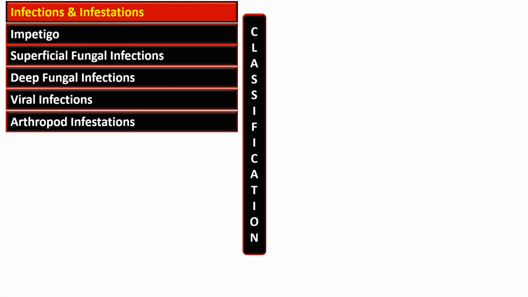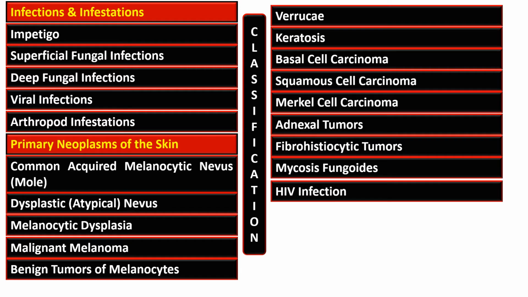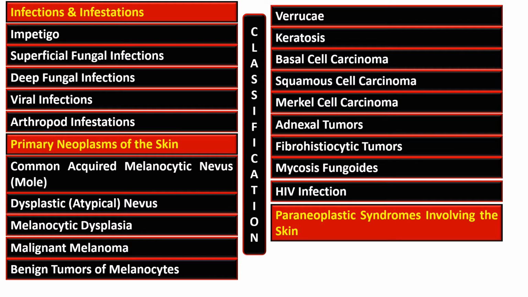Then there are infections such as impetigo, superficial fungal infection, deep fungal infections, viral infection, and arthropod infestation, and a variety of benign and malignant tumors. Some skin diseases are also manifestations of the paraneoplastic syndromes.